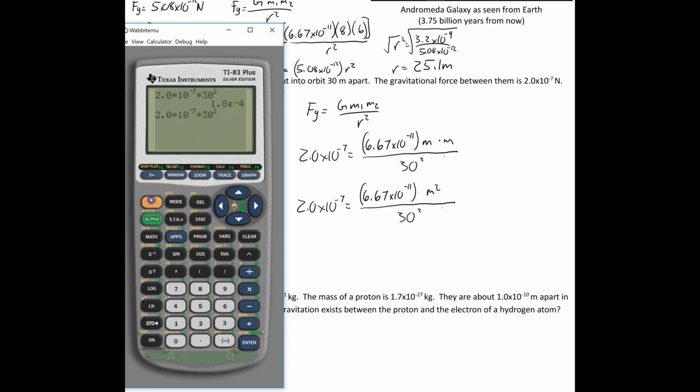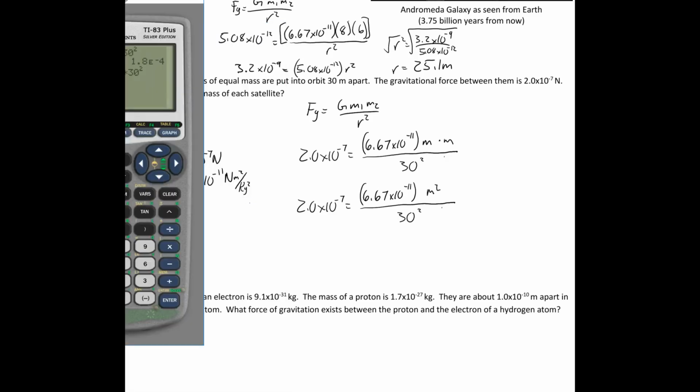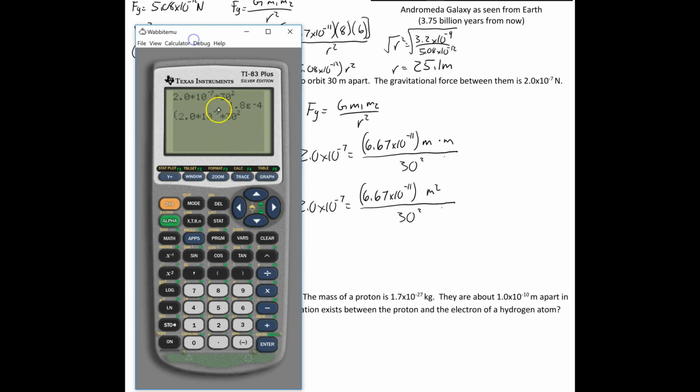As you can see, if I did put some parentheses in here, you'd get the same answer because your calculator just does PEMDAS. So sometimes PEMDAS does what you want it to do, sometimes it doesn't. Best practice is to either just put everything in parentheses or use the E button when doing scientific notation.